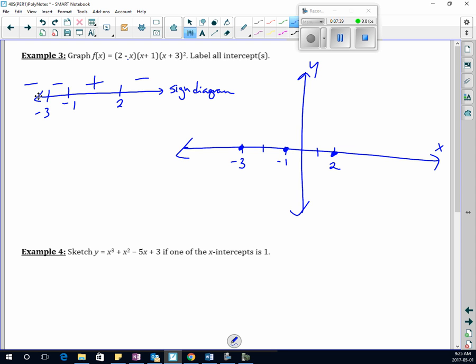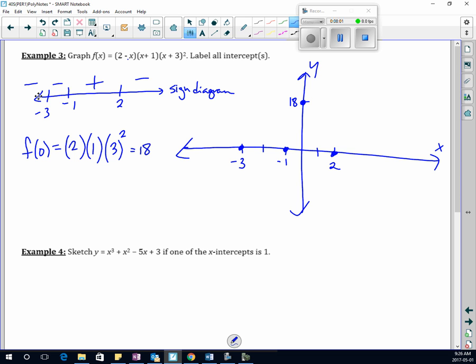How do I find my y-intercept? I need to find f of 0. So that would be 2 times 1 times 3 squared. Does everybody see it would be 18? So I'm just going to put 18 right there. You can do that because now I'm establishing a scale on the y as 18.